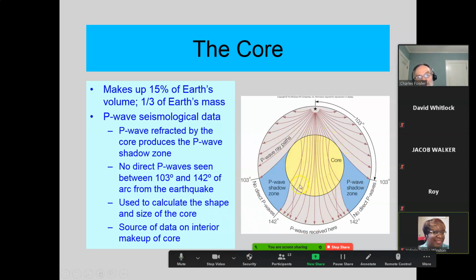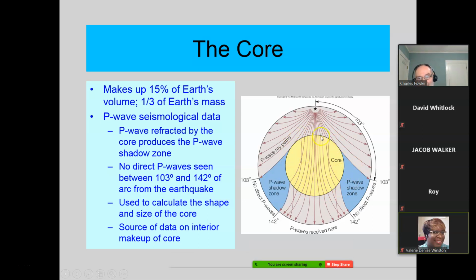Okay, that's what creates that shadow zone. Okay, but you do pick up P waves again here at 142 degrees all the way to 180 from the point of the propagation of the waves.